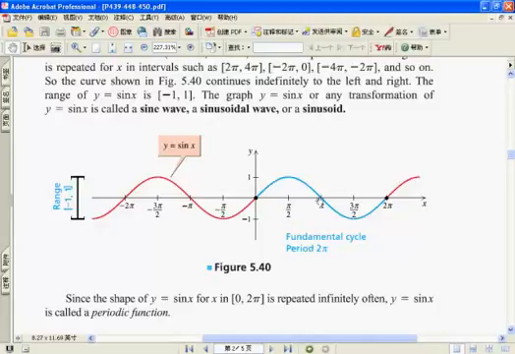This looks like a wave, so we call the graph of the sine function a sine wave, or sinusoidal wave, or sinusoid. From this graph you can also see the maximum of the sine function is equal to 1, and the minimum is equal to negative 1.